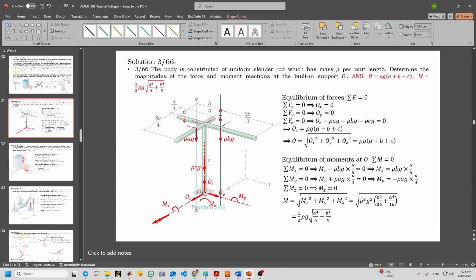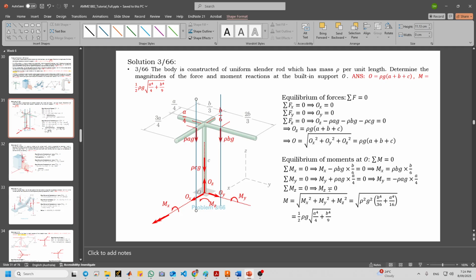The distance between the line of action and point O is a over 4, because this length is 3a over 4. So a over 4 times rho ag, and MY is the other moment in y direction. So we have this equation, and this equation.